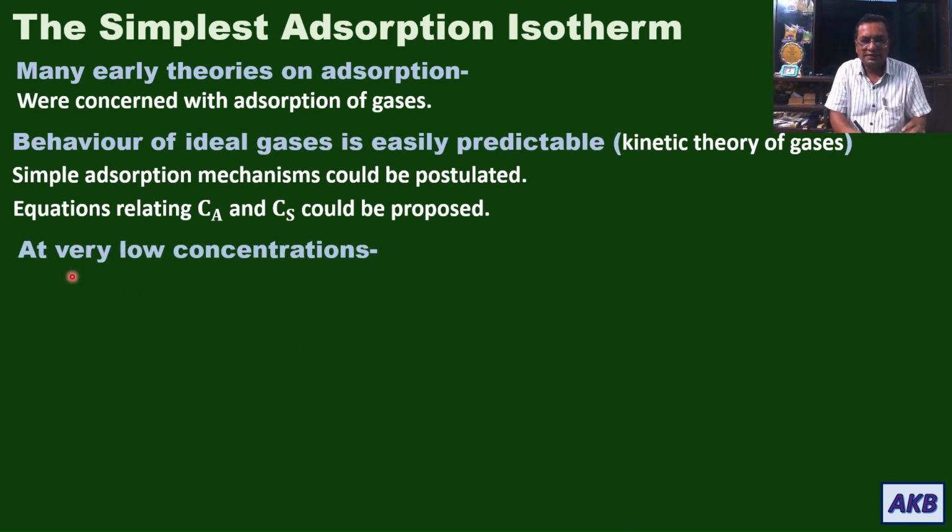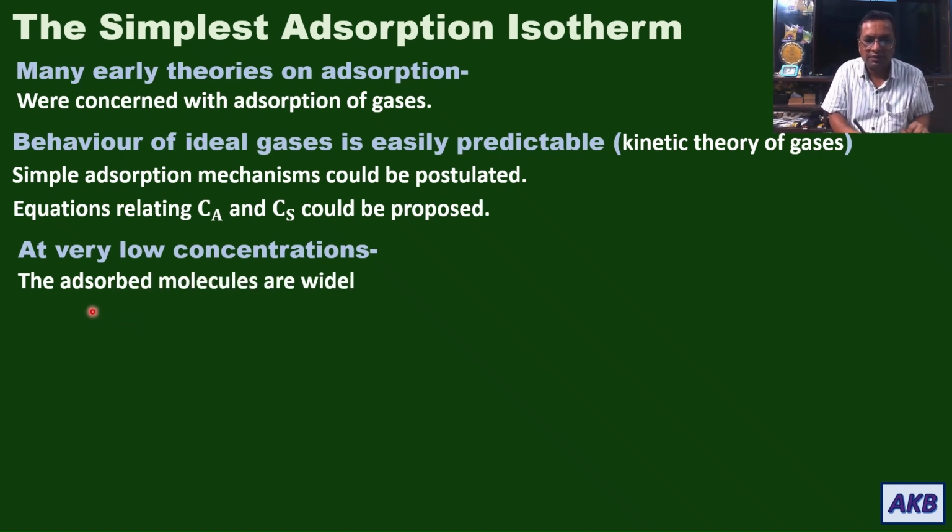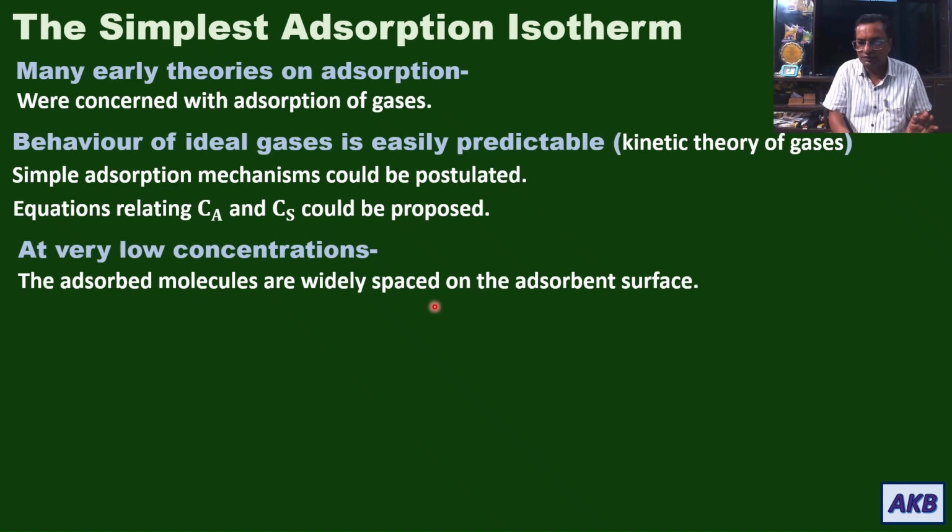So at very low concentrations, when you have a mixture with very low concentration of the component that is to be adsorbed, the adsorbed molecules are widely spaced on the adsorbent surface.